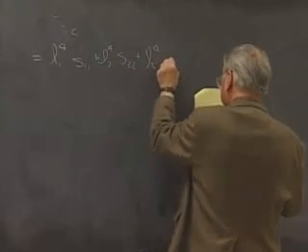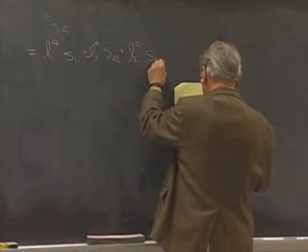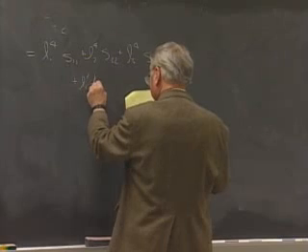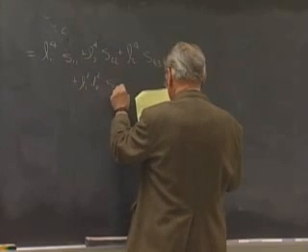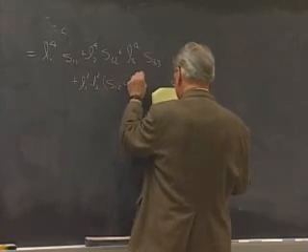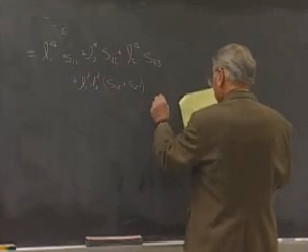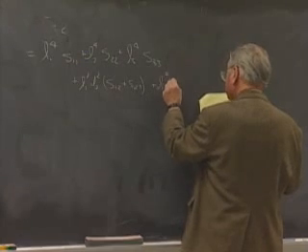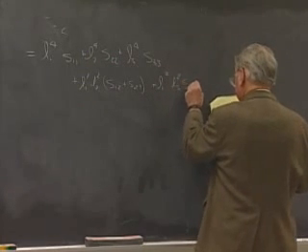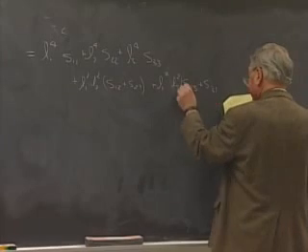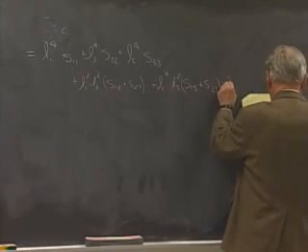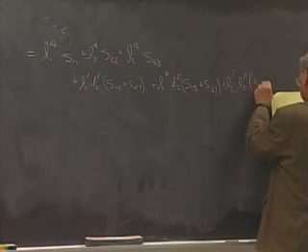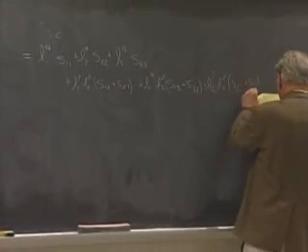L3 fourth times S33, and then a collection of terms plus L1 squared L2 squared, S12 plus S21, and then similar terms in L1 and L3, L1 squared L3 squared, S13 plus S31, plus L2 squared L3 squared times S23 plus S32.